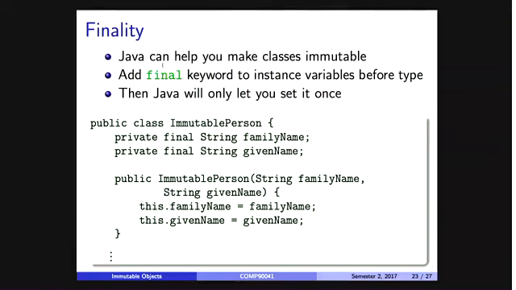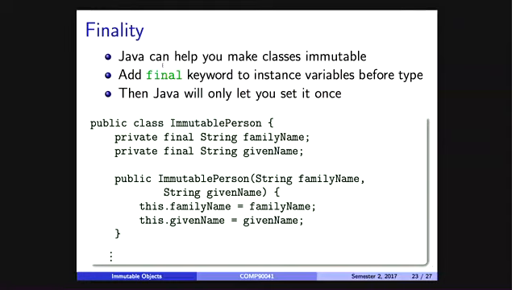So you've seen that before for constants. You can make an instance variable final. And what that means is the constructor is allowed to give a value to that instance variable only once. Once it assigns it, it's not allowed to assign it again. And nothing outside the constructor is allowed to assign it.